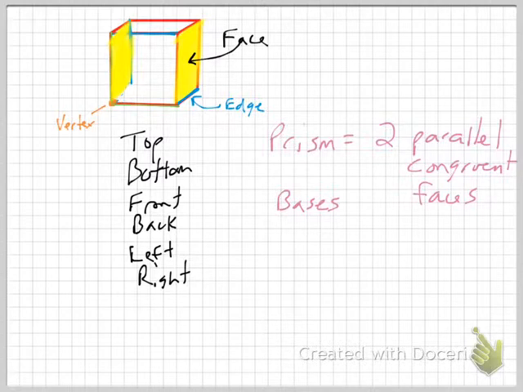And faces that are parallel to each other and are congruent are also known as a base, right? Whatever the base is, that's what you call the prism. So if the base in this situation is a rectangle, what do you think we're going to call this prism? A rectangular prism.